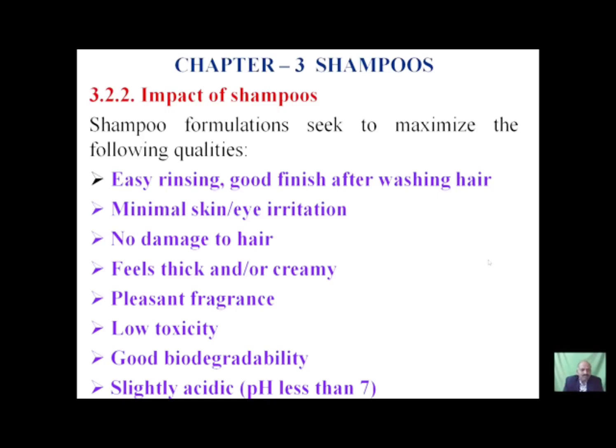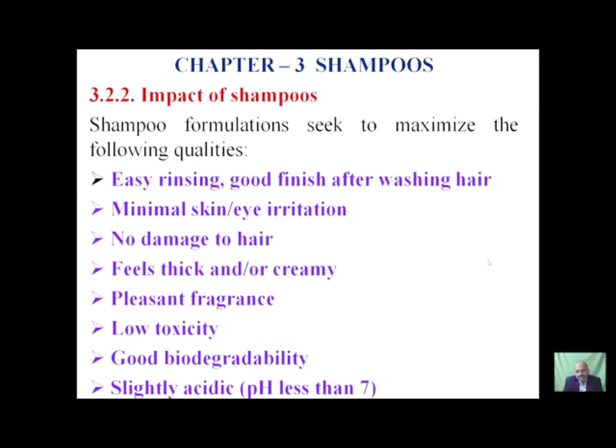Shampoos are meant to be liquid substances that can be used for easy rinsing of the hair and give a good finishing after washing the hair. And also the shampoos don't cause any eye irritation on application, and also don't cause any damage to the hair.